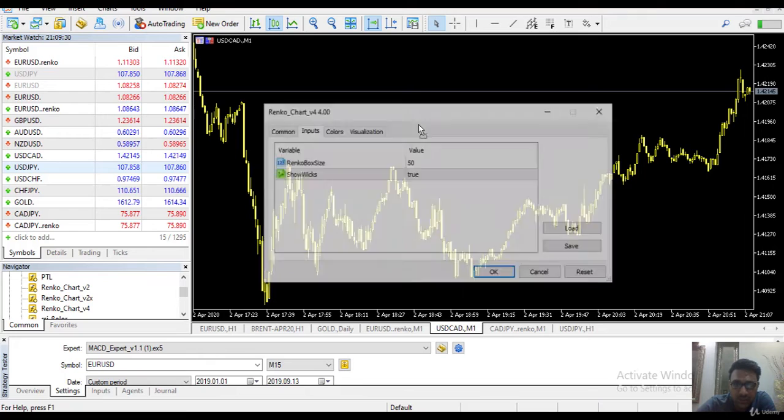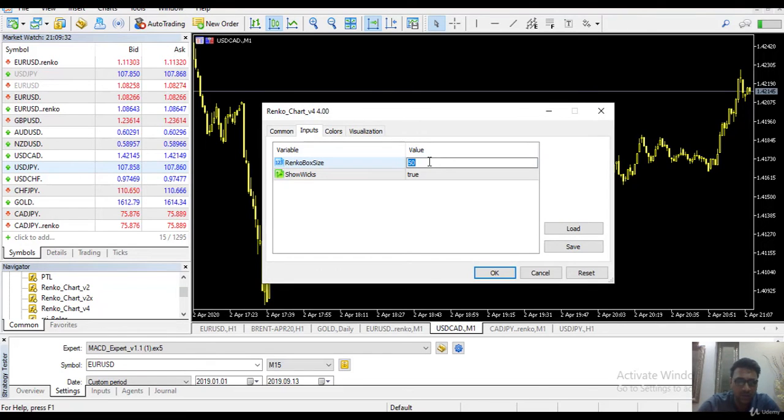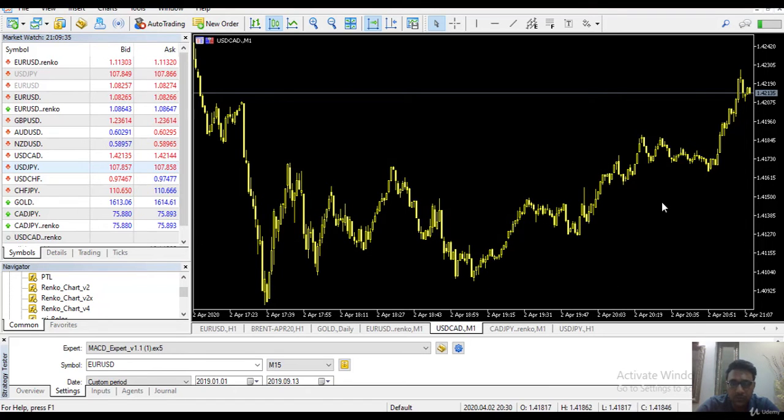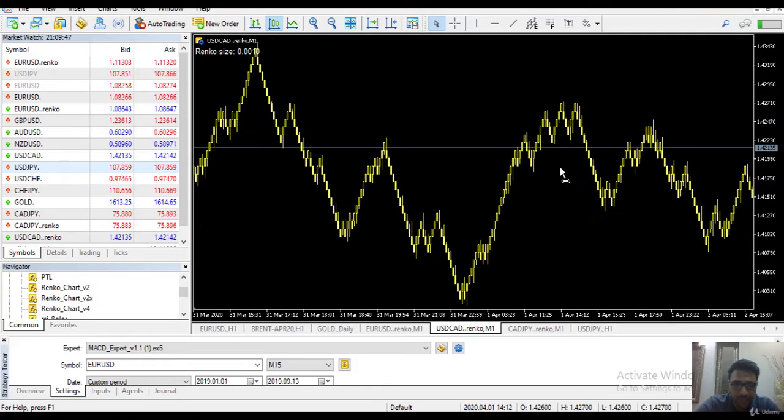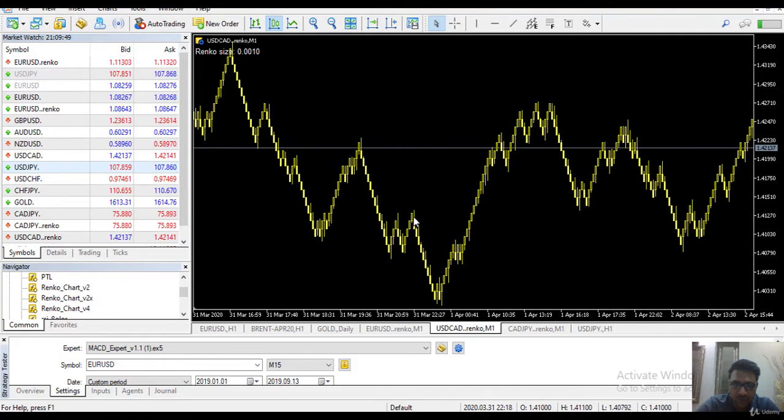Okay, let's use 100 points. Right, so this one brick is 10 pips or 100 points, and you can see a great reaction from here, right? This area, we can count this area.